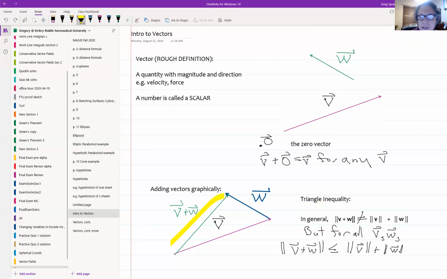And the length of any side of a triangle is not more than the sum of the other two lengths. Now this inequality is almost always a less than.